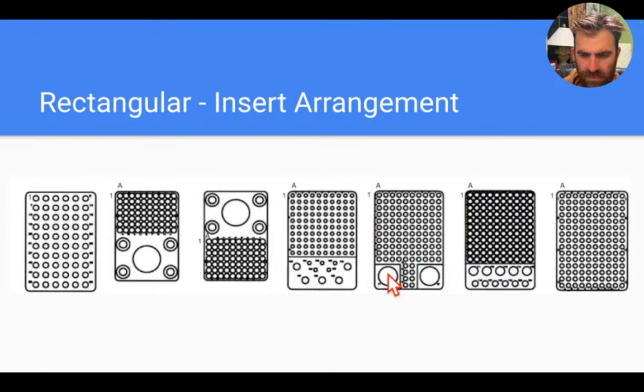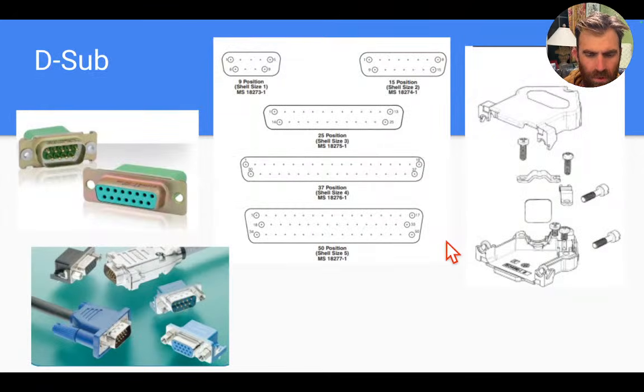So just lots of different ways that these are laid out. And then in my D-sub example here, you've got the number 1, and that carries over 1, 2, 3, 4, 5, increasing that way. So these are just some different examples of how the inserts are laid out.